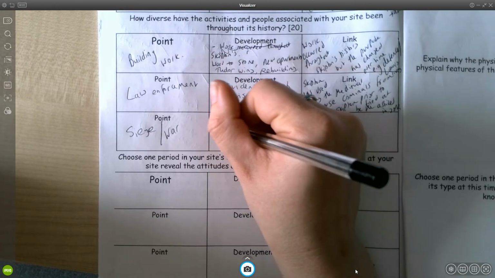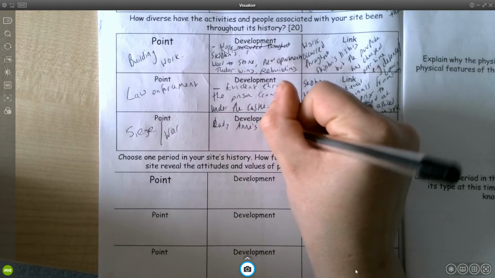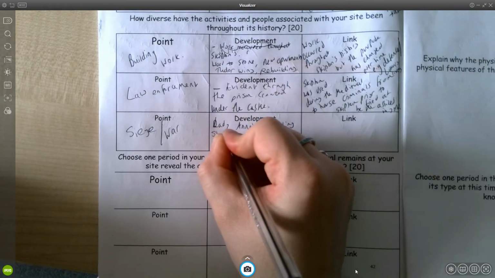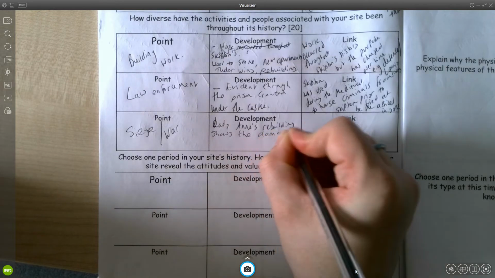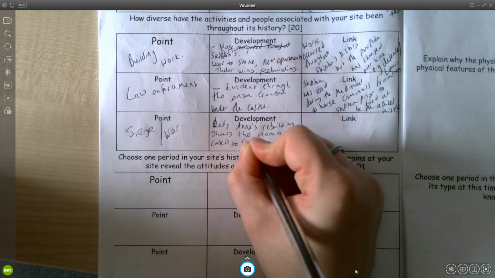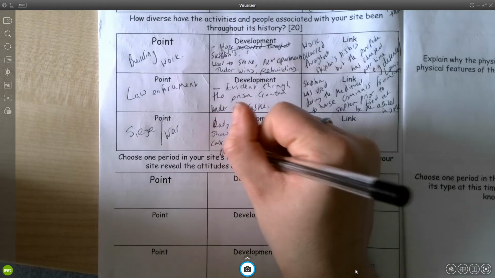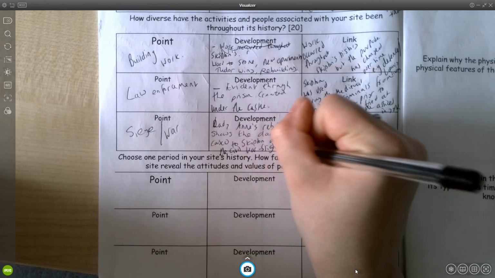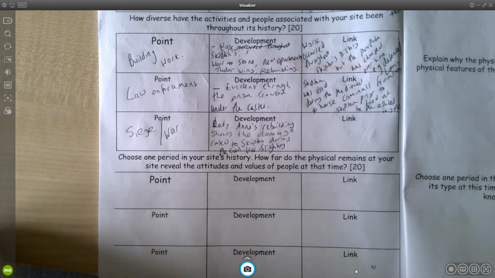So Lady Anne's rebuilding shows the damage caused to Skipton during the Civil War. Maybe mention the slighting and the reduction of, taking off the roof.